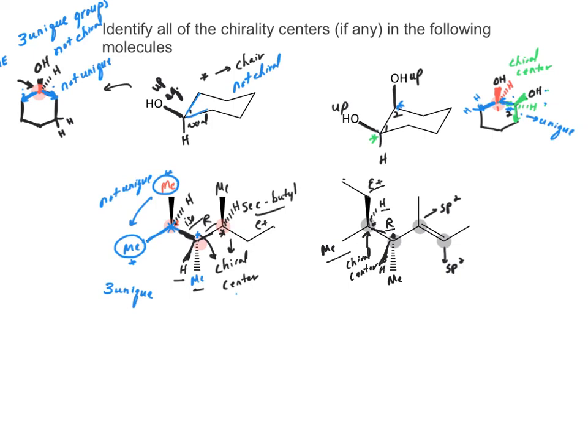We've got a hydrogen on the wedge, so this is 1, 2 groups. We've got other stuff, we'll call this R1, and then we've got other stuff, this is R2. This is another sec-butyl group. R1 and R2 are not the same, so because of that we've got 1, 2, 3, 4 unique groups. So this is also a chiral center. So this guy is also a chiral center.